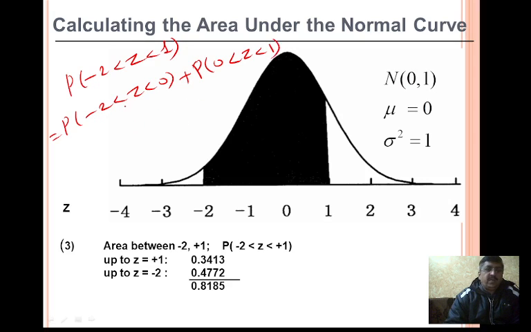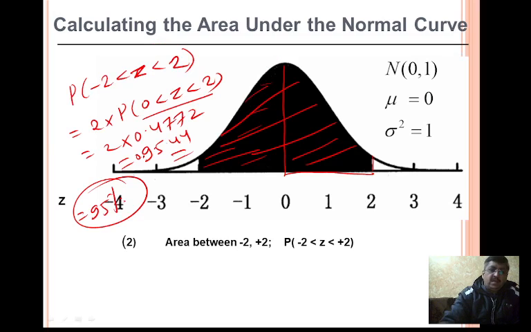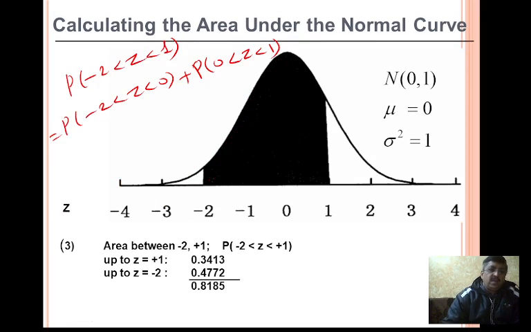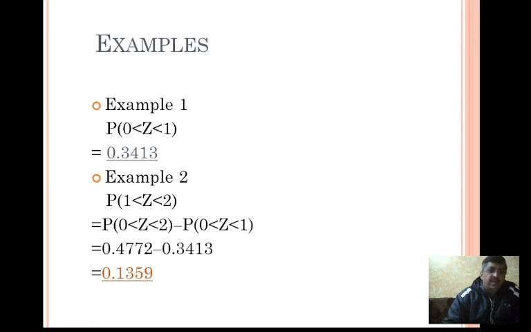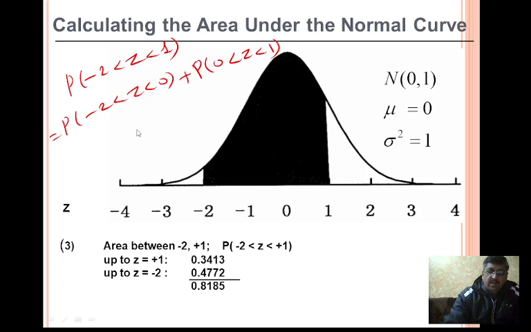And as we know that minus 2 to 0 or 0 to 2 is all similar, right? So if we go back, we have calculated the value of 0 to 2. This is 0.4772, and this we have calculated from the table, right? So this value is similar to this one, 0.4772, right?